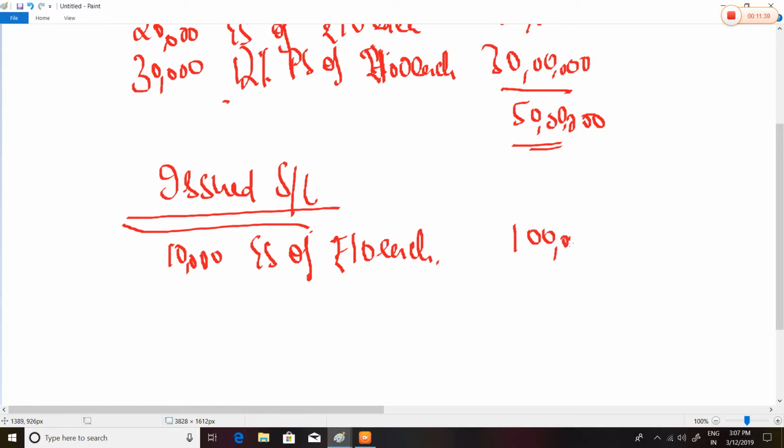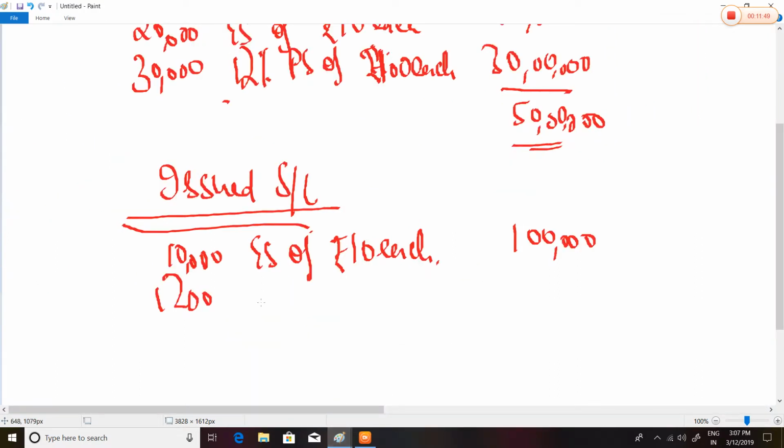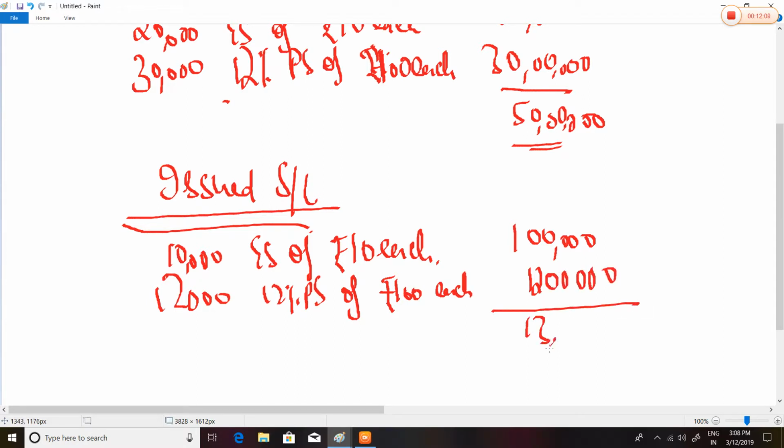1 lakh, and 12,000 12% preference shares of rupees 100 each, amount 12 lakhs. Total 13 lakhs here.